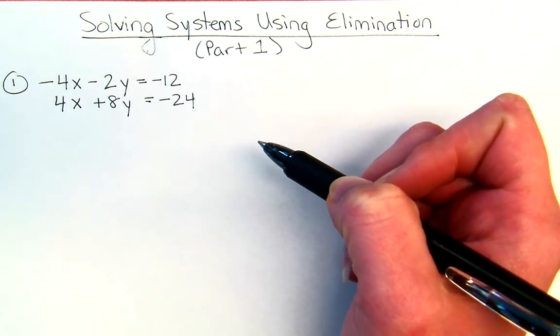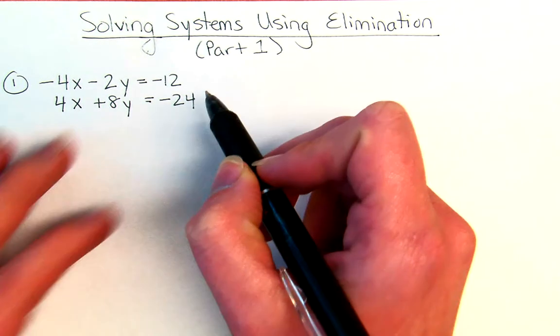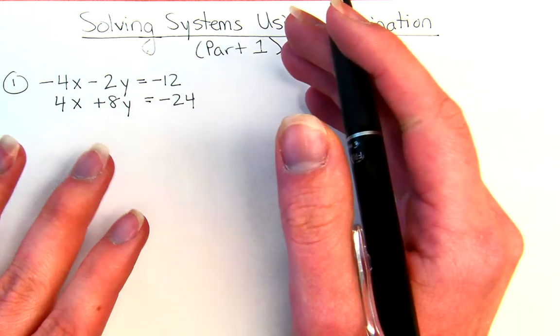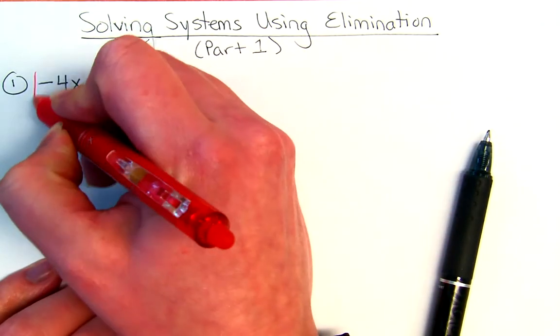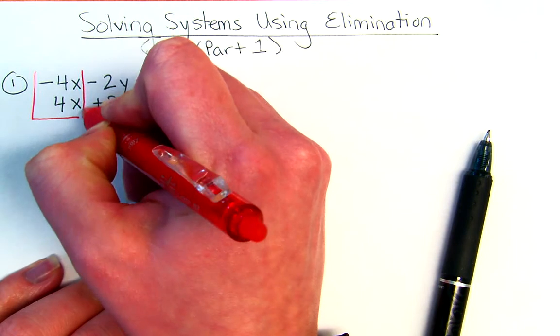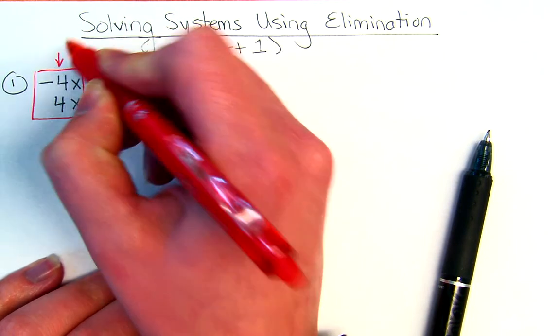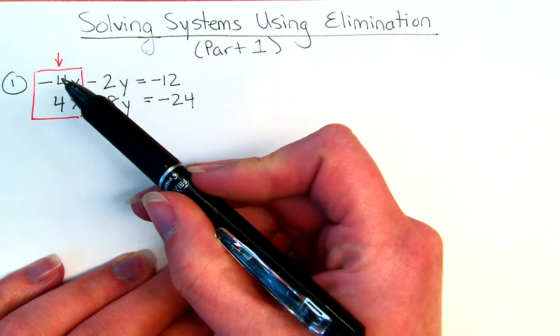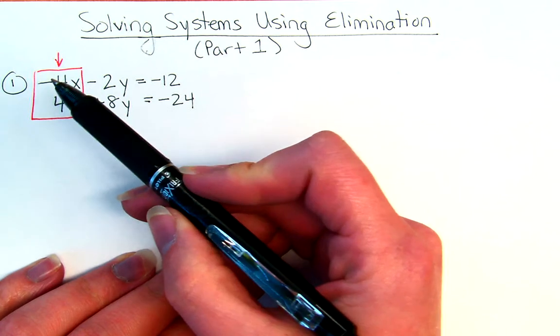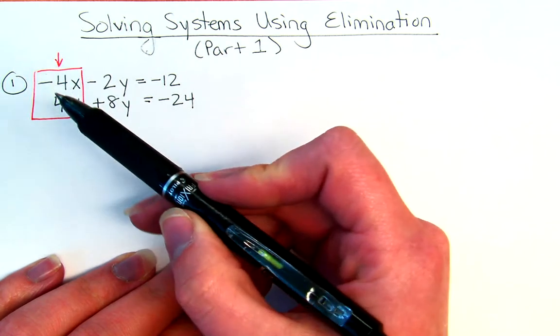So the first thing I want to do is just inspect my system and determine which one is going to be my target variable. I'm going to make the x's my target variable because I noticed that right off the bat they are inverses. This is negative 4x and this is positive 4x.